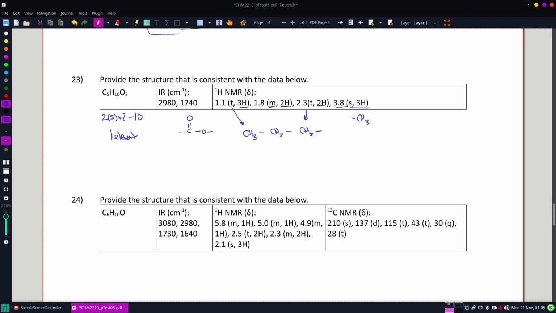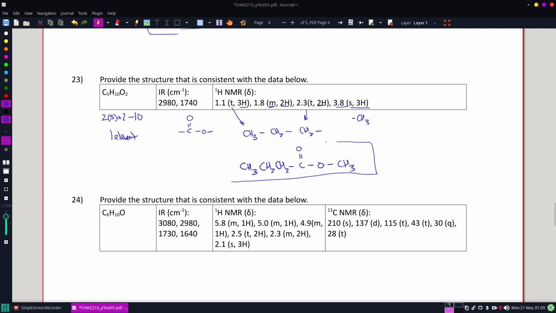Alright, and this makes a lot of sense now. So our propyl group is attached to the left side of our ester, or the carbonyl side, and the O is connected to the CH3, which is why it's shifted up to 3.8. So we have this wonderful ester right there as a likely candidate.